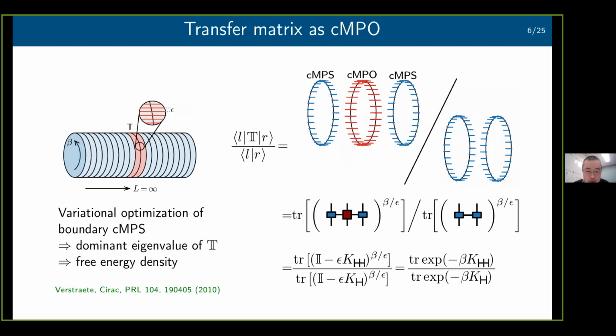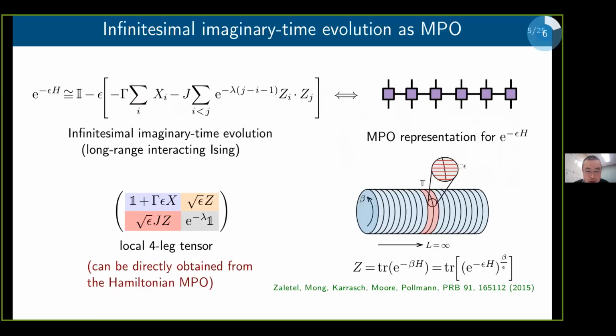And if you take a low temperature limit, the number of lattice points in the imaginary time direction increases, which makes numerical computation difficult. So in your CMPO approach, what happens if you take a low temperature limit? What is the source of difficulty in numerical computation?